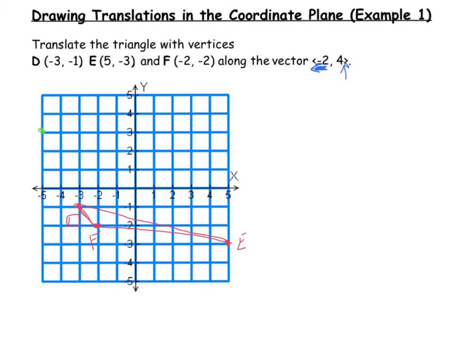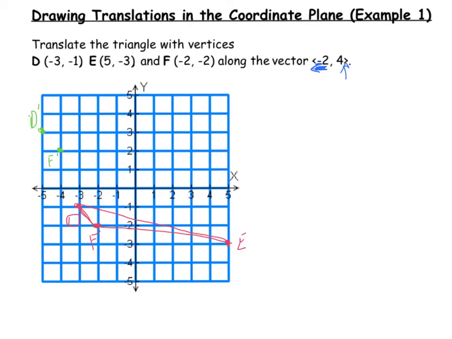We're going to call that guy, right, the same as before, D prime. We're going to do the same thing for F then. F is going to go 2 to the left, 1, 2, 3, 4, and end up right there for our F. And we'll call that guy F prime.